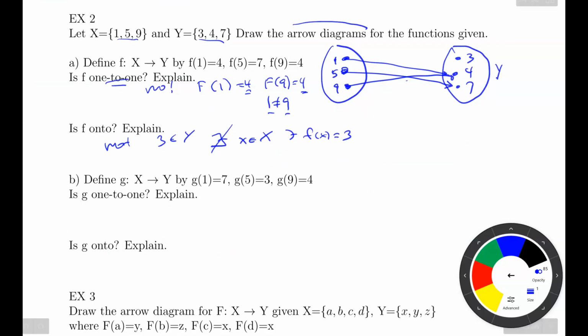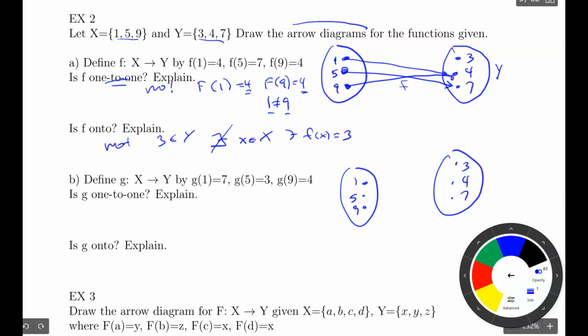All right, so here's a new function. So this was a picture of f. Now we're going to do a picture of g. So here's 1 and 5 and 9 again, and 3 and 4 and 7. So 1 goes to 7, 5 goes to 3, and 9 goes to 4. Okay, so is this 1 to 1? Yes, it's a 1 to 1, because if I take g of x1 equaling g of x2, the x1 will equal the x2.